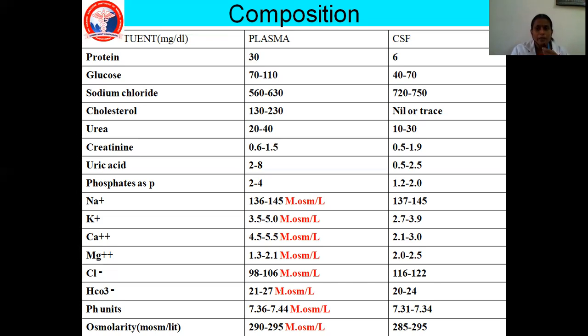So in the cerebrospinal fluid, glucose, protein and fat concentration is less when compared to plasma. Potassium concentration is also less, and chloride concentration is more when compared to plasma, and osmolarity is almost similar to that of the plasma.